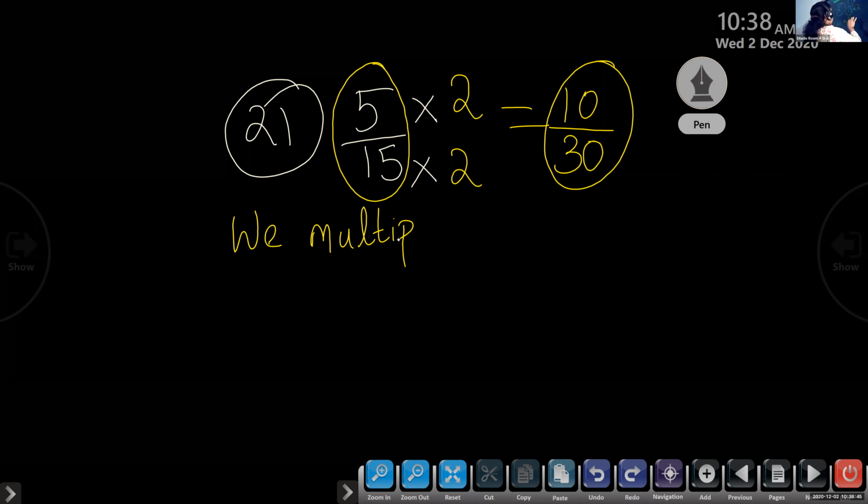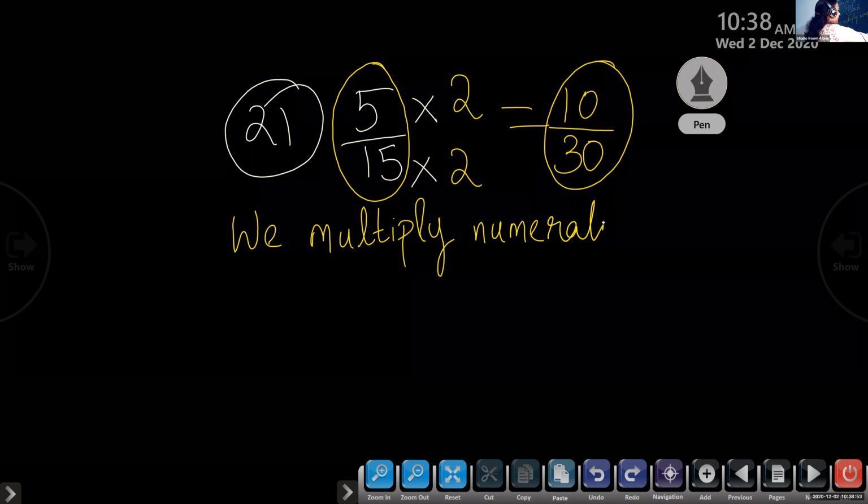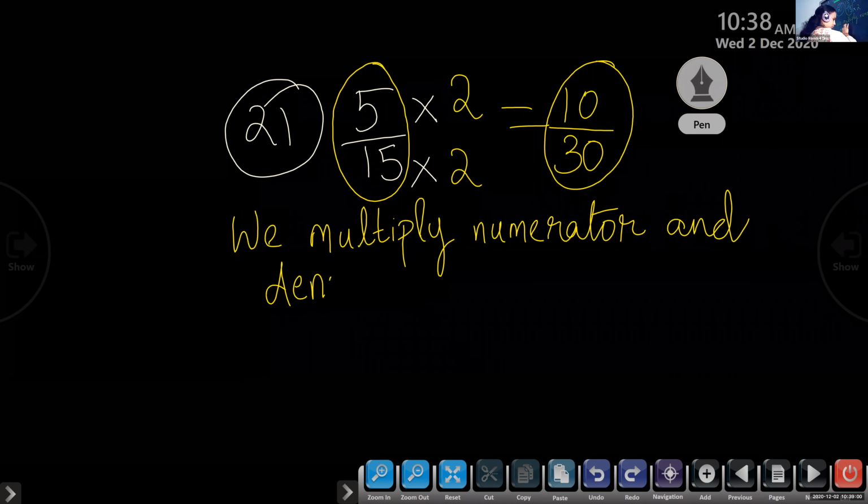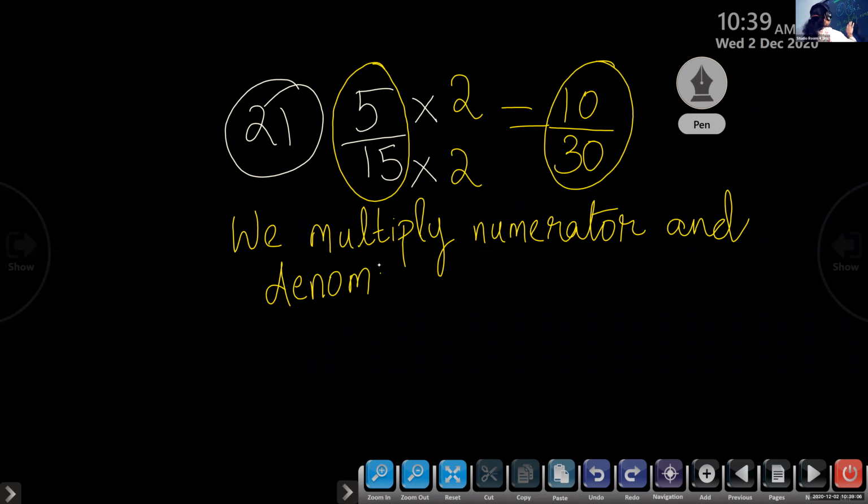So we multiply. Children, what we are doing? We multiply numerator and denominator. Devdarshan finished writing? We multiply numerator and denominator of the fraction.